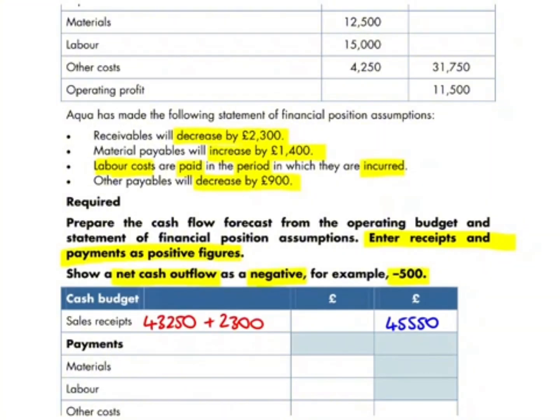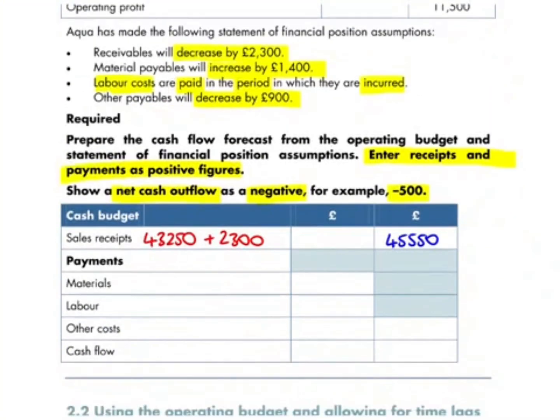So our operating budget has a cost of £12,500, and we're going to pay out less than that as a cash outflow. So we're going to subtract off that increase in materials payables of £1,400 to generate a cash flow from materials of £11,100.